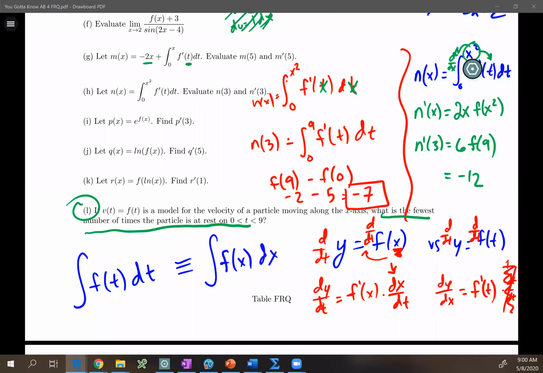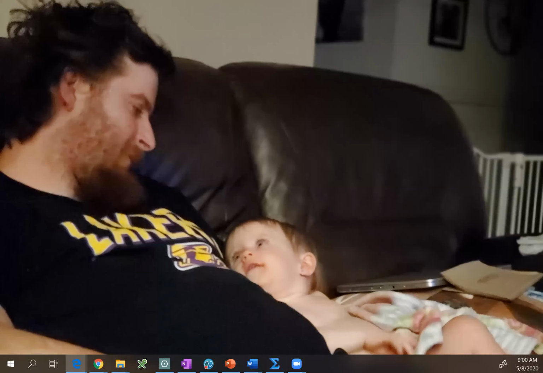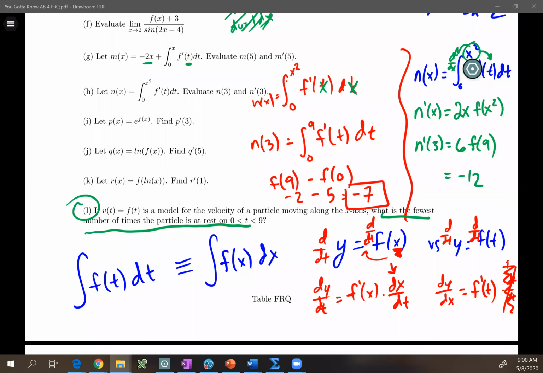This one is pretty important. That kind of fewest times does match up with the same idea of MVT and IVT.